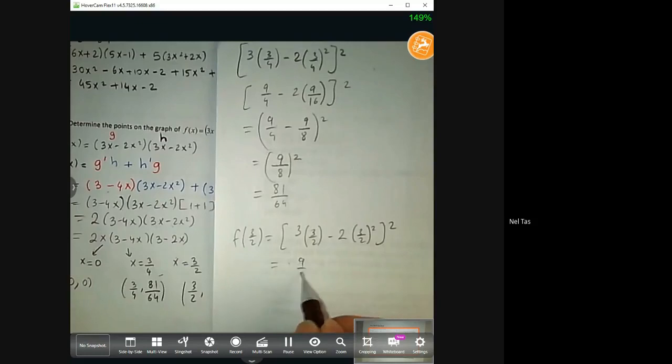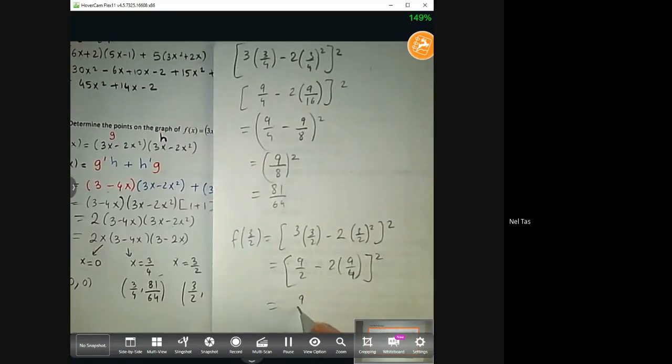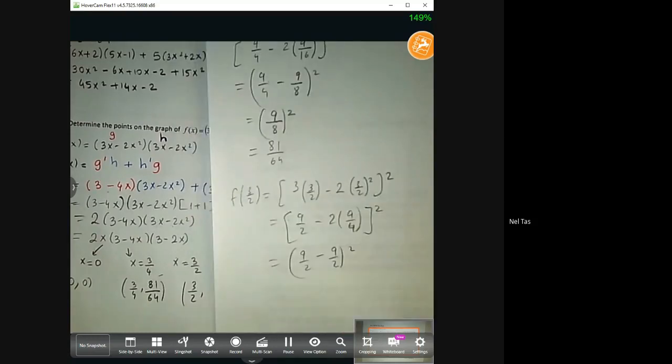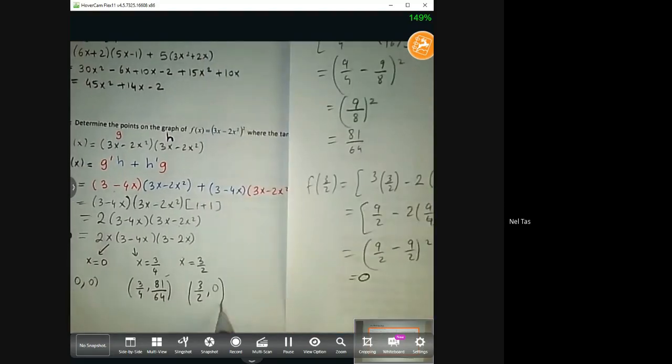So 9 over 2 minus 2 times 9 over 4. So 9 over 2 minus 9 over 2 squared, which is 0. So that is also 0.